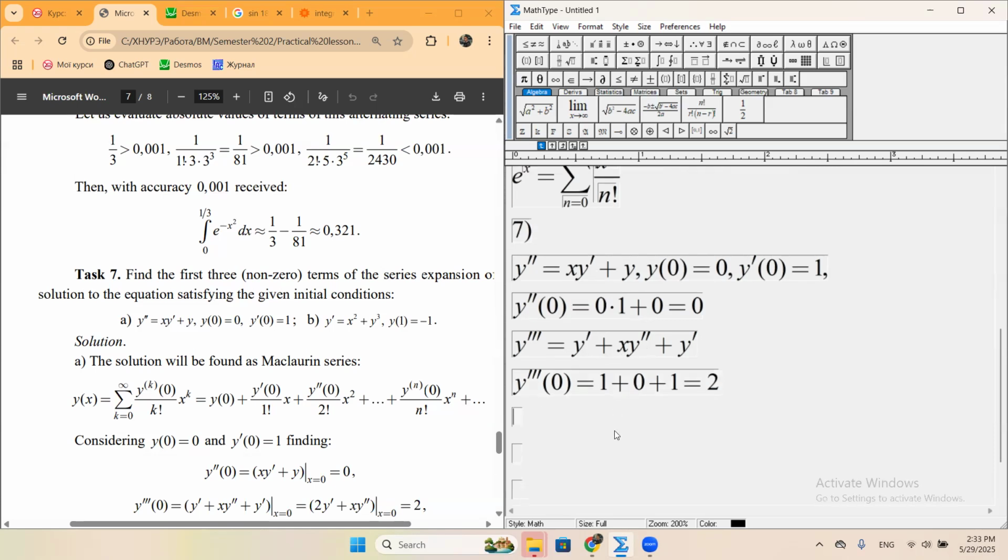Then let's calculate the fourth derivative.